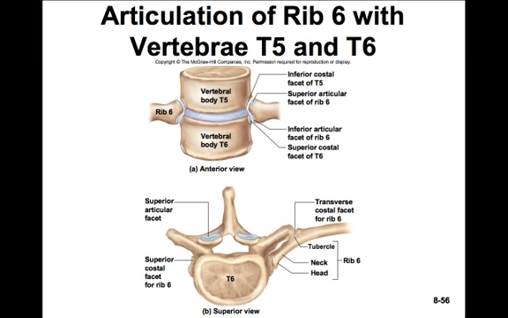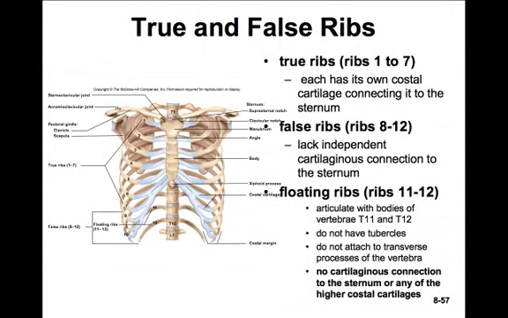Now there are true, false, and floating ribs. True ribs have their own costal cartilage connecting them to the sternum. So these are true ribs. False ribs share a cartilaginous connection to the sternum. So those are these ribs here, ribs 8 through 12, where they're sharing a cartilaginous connection into the sternum.